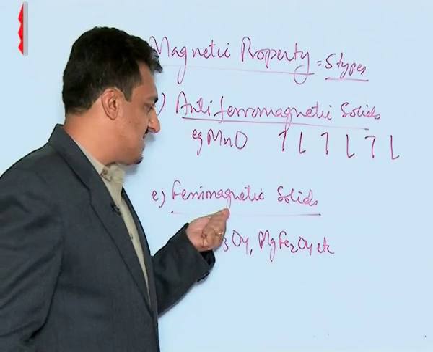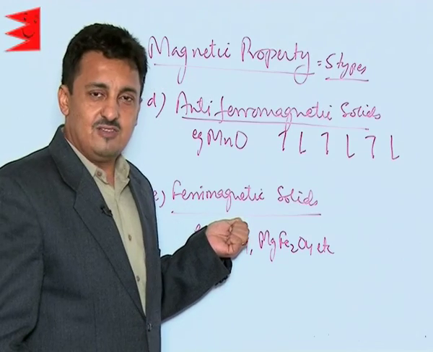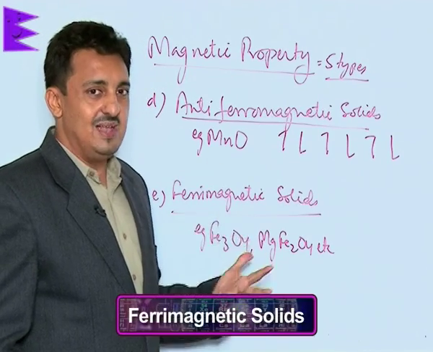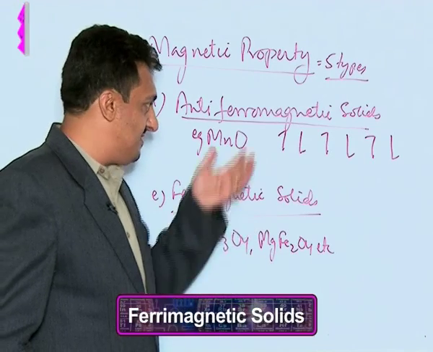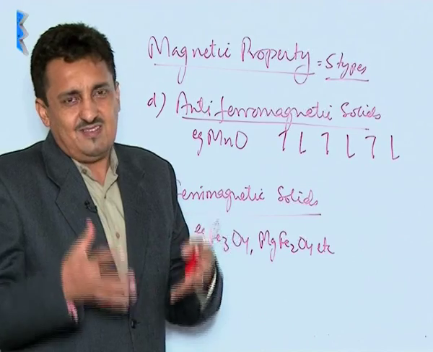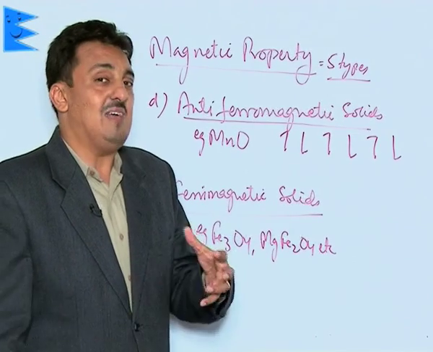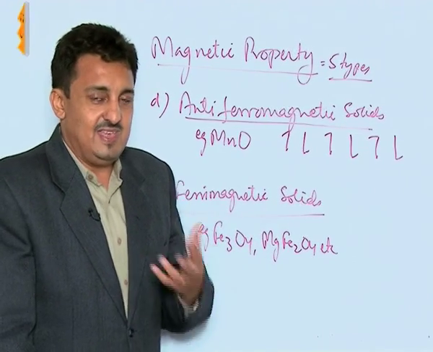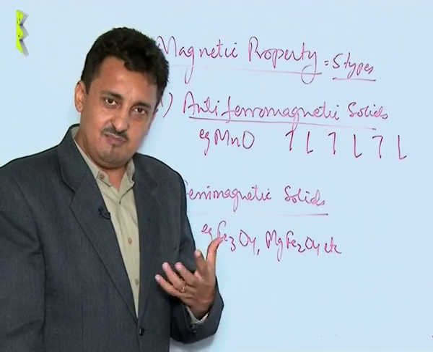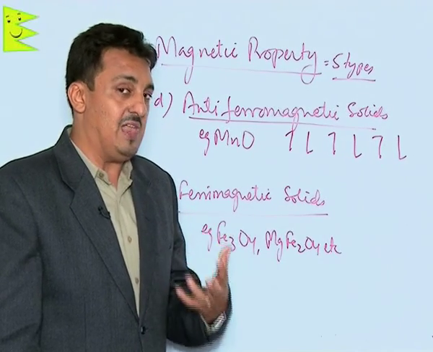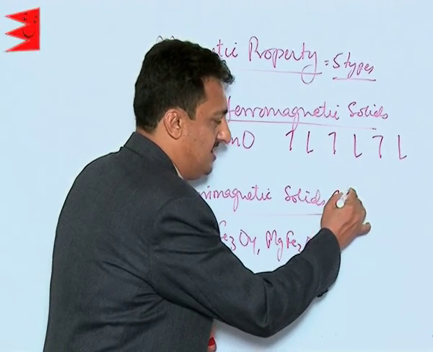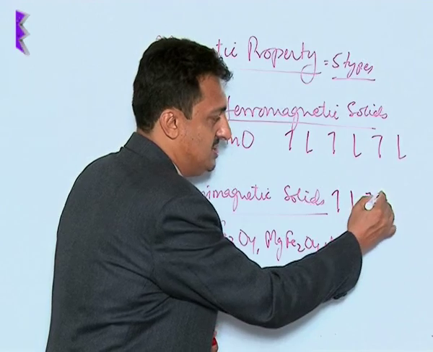Then the last category of the solids on the basis of magnetic property are ferrimagnetic solids. These are the solids which, again as the name suggests, are very similar to the ferromagnetic ones. When placed in external magnetic field, they behave like paramagnetic solids. Now they have many unpaired electrons, but in spite of that, they behave like paramagnetic solids. The reason is that most of their electrons are aligned opposite to each other.